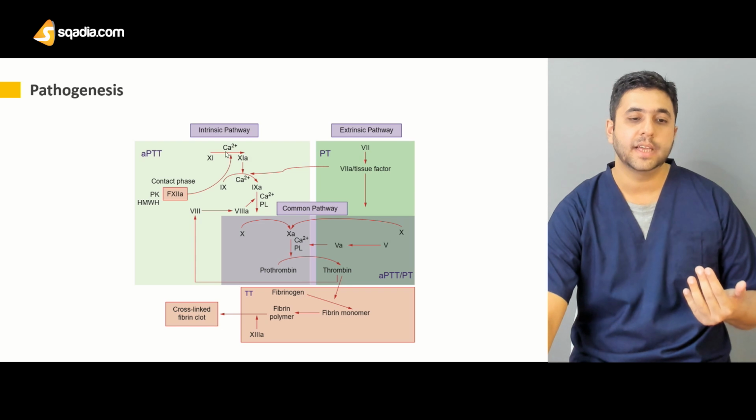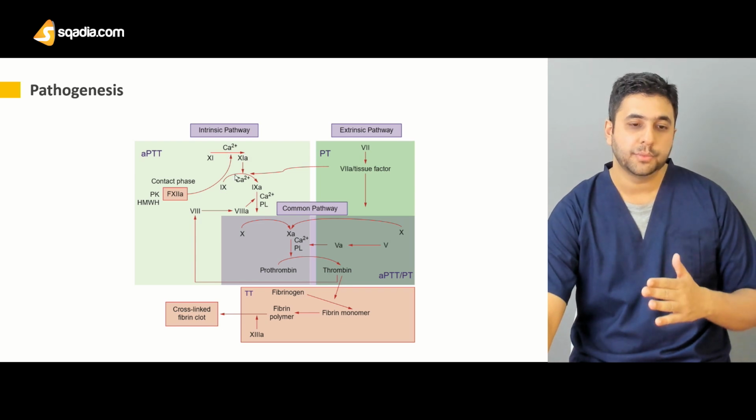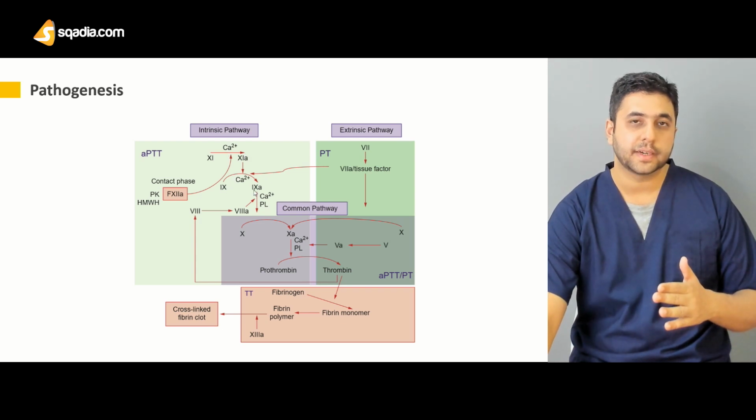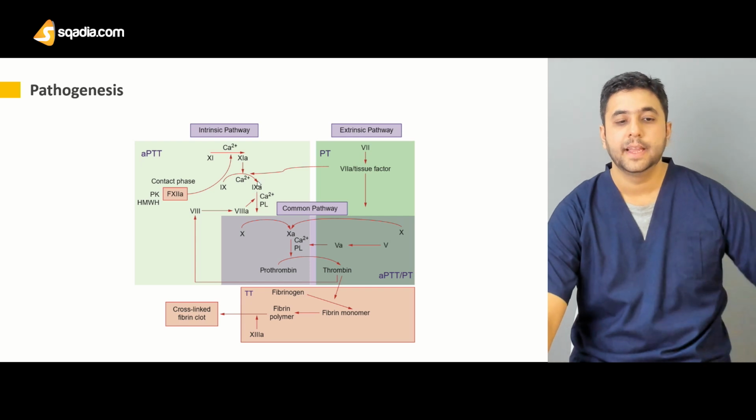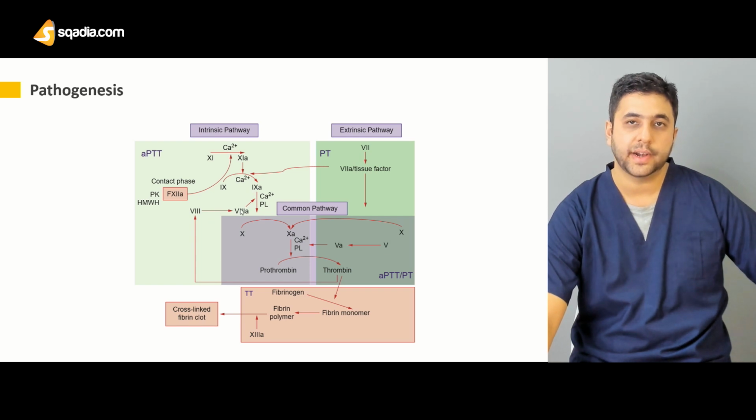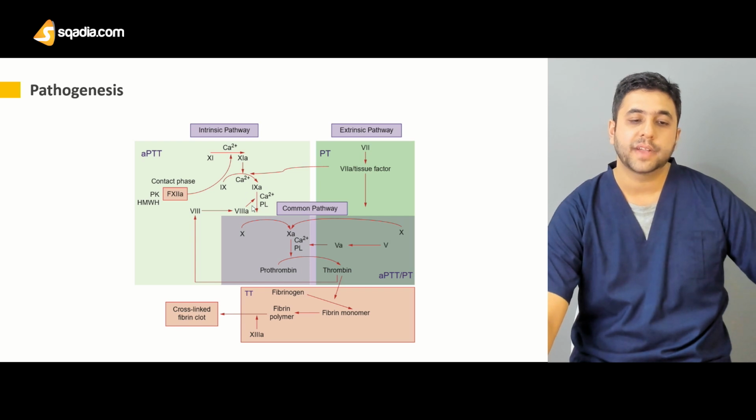Factor 11A, with the help of calcium, stimulates factor 9 to convert into factor 9A. Then factor 9A, along with factor 8, stimulates factor 8 to convert into factor 8A, and factors 9A and 8A, with the help of calcium and phospholipids, stimulate factor 10 into factor 10A.